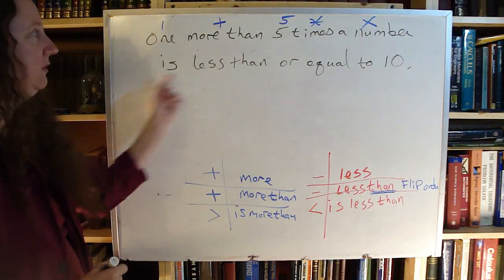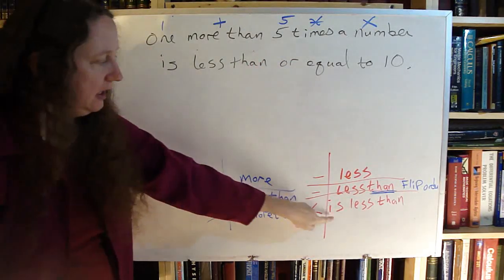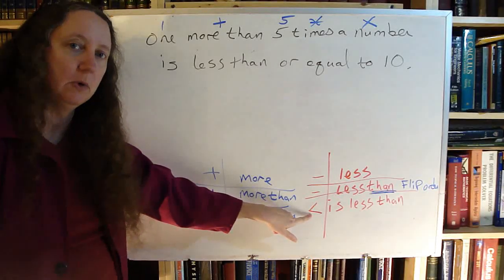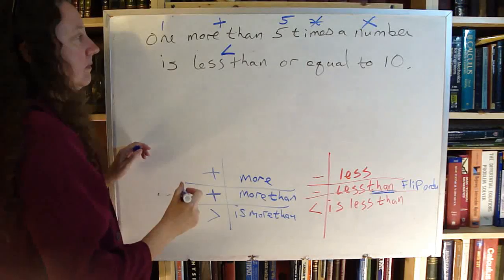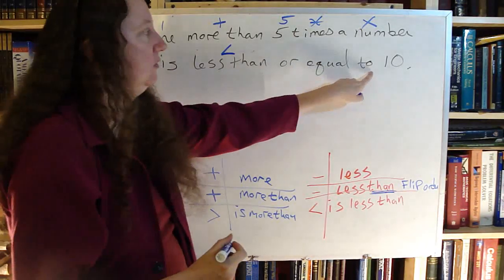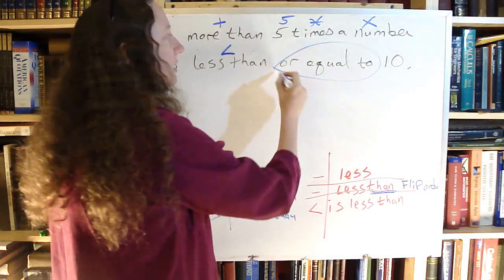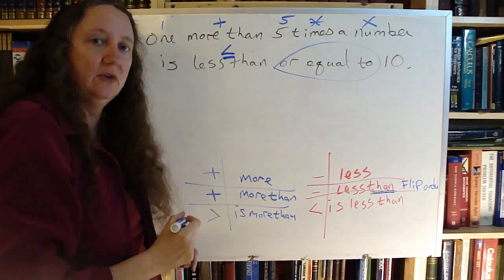So back to our phrase up here. Is less than has the word is in it. It means the less than symbol. And then it has or equal to. So this is telling me to put that extra little bar under my less than symbol.